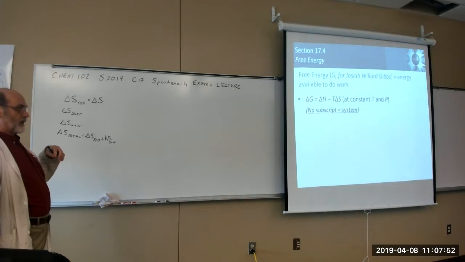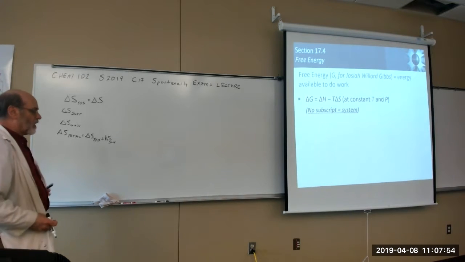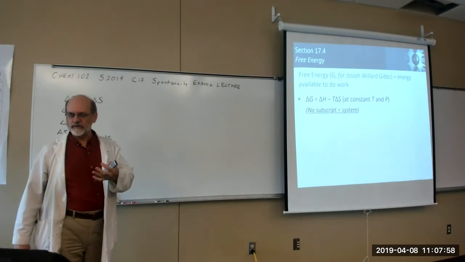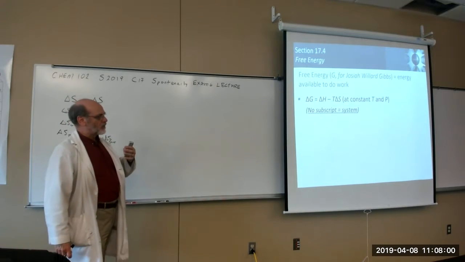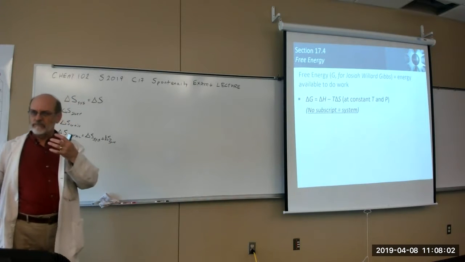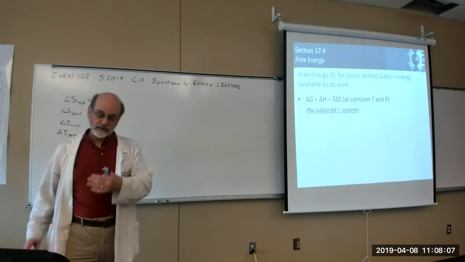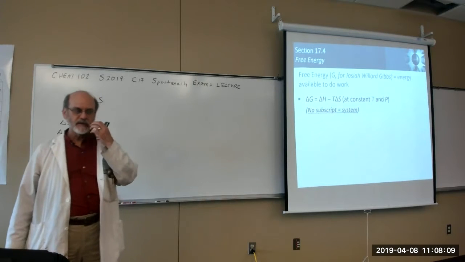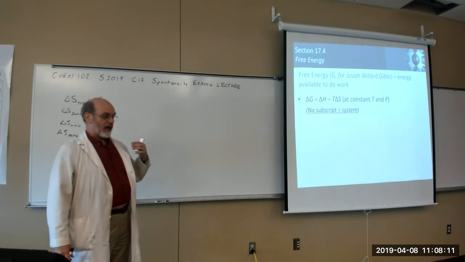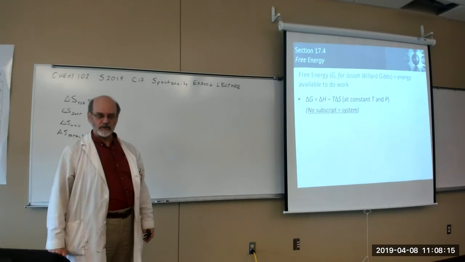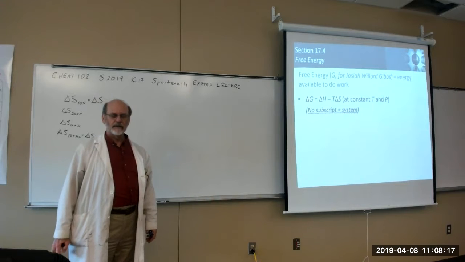Gibbs was trying to come to terms with this: when a system undergoes a process, whether it's physical or chemical, how much useful work can you get out of it? What's the maximum amount that you can get from a process?